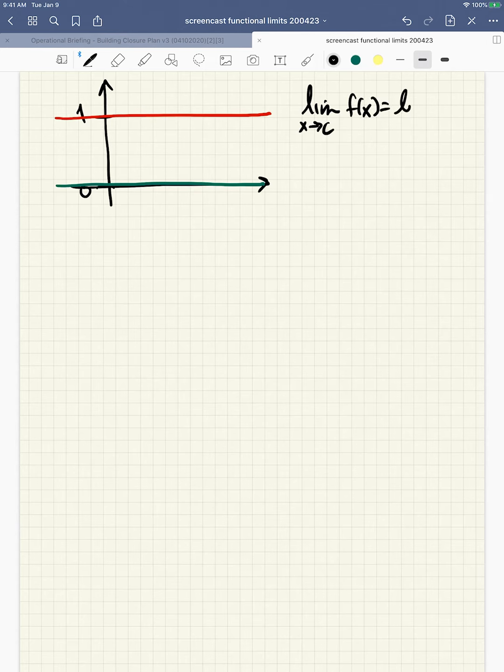Well, consider this. We've got a real number c. What if xn is a sequence of real numbers with xn converging to c, but all the xn's are actually rationals?